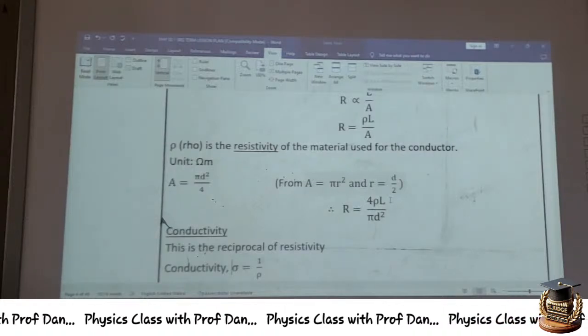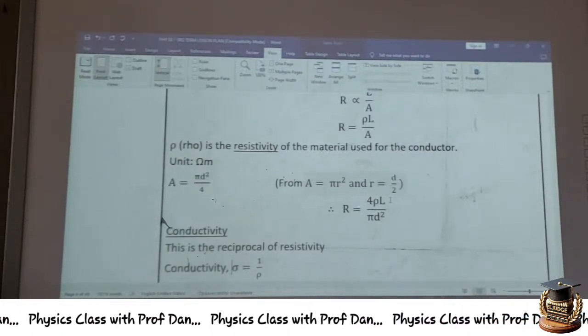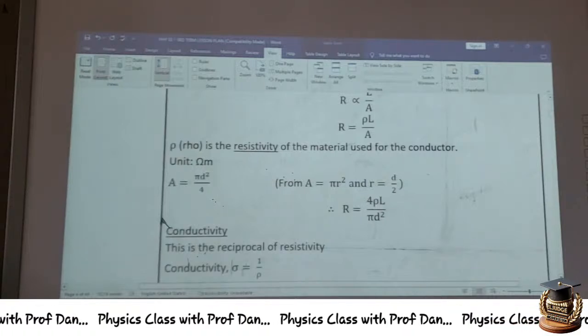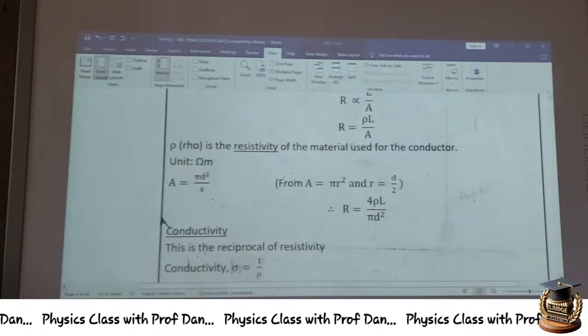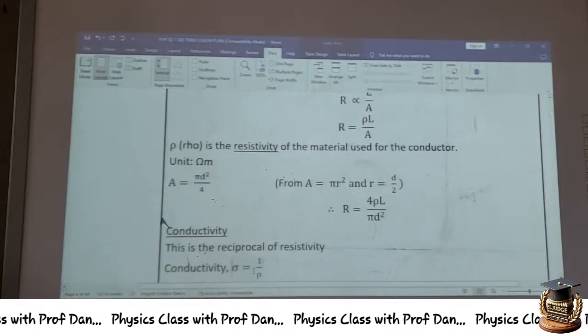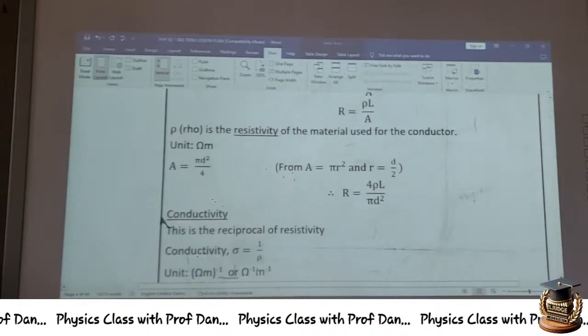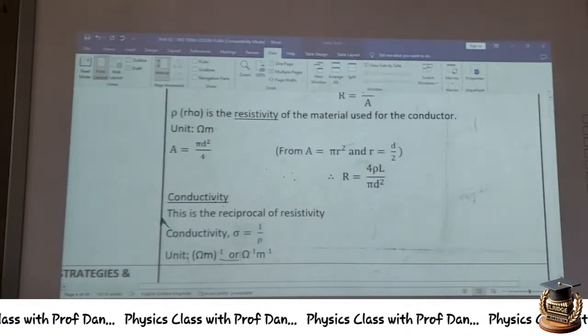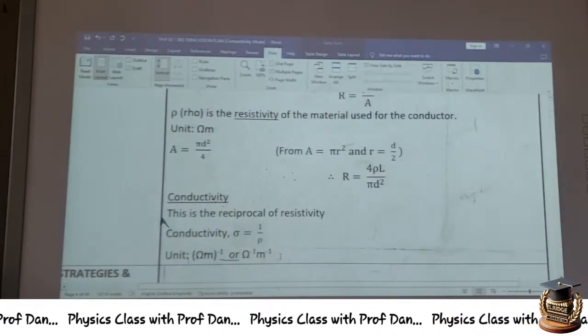So conductivity is the reciprocal of resistivity, and is represented with sigma, which is equal to 1 over rho. Sigma is equal to 1 over rho, and the unit is per ohm meter, or per ohm per meter.